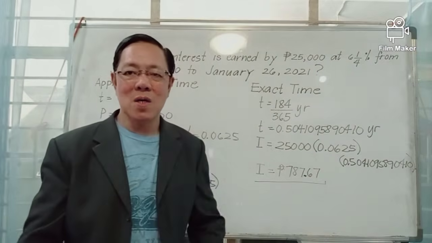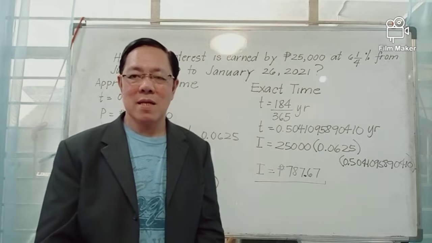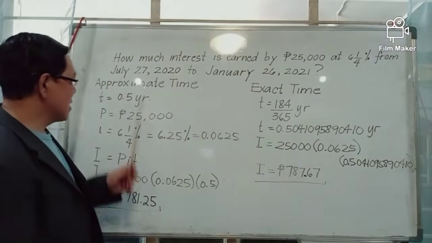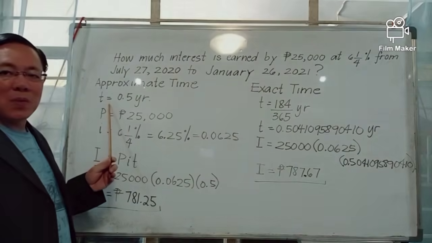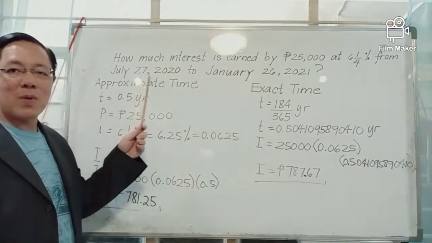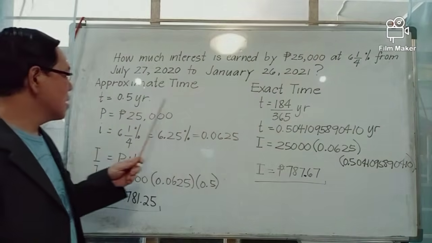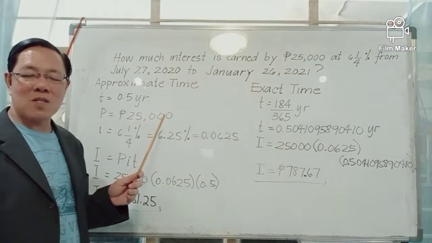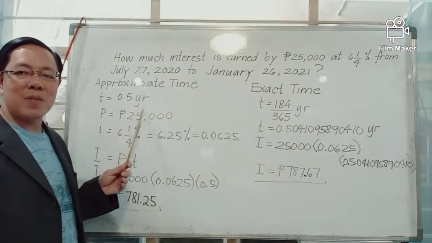Compute the amount of approximate simple interest using approximate time. We have computed the exact number of days from July 27, 2020 to January 26, 2021, and we convert that approximate number of days to year, and we get 0.5 year.